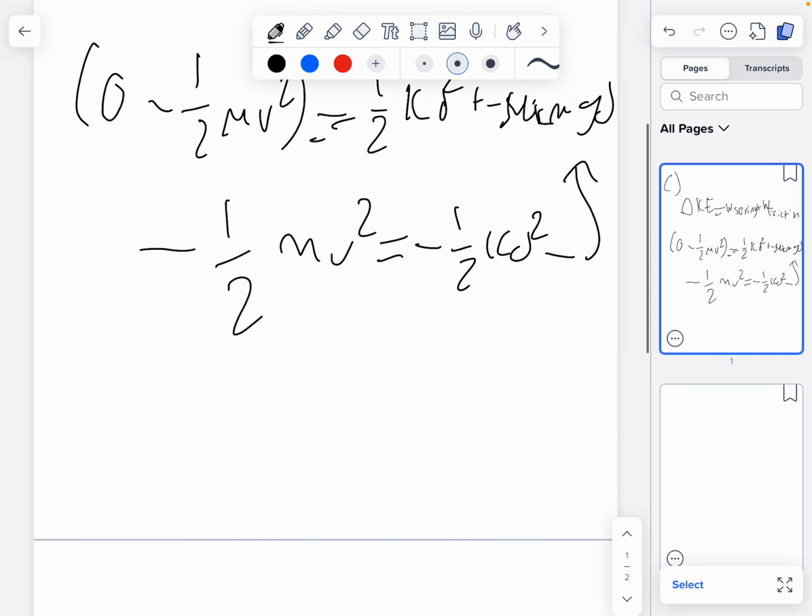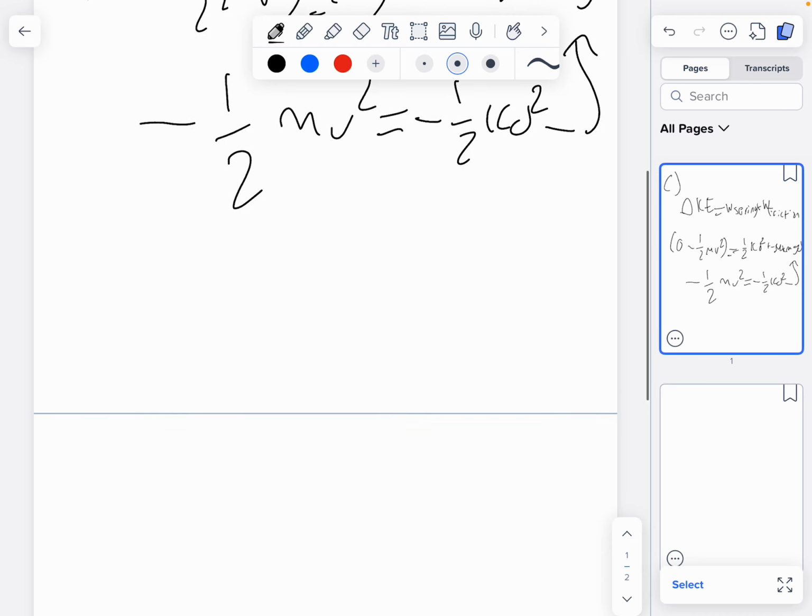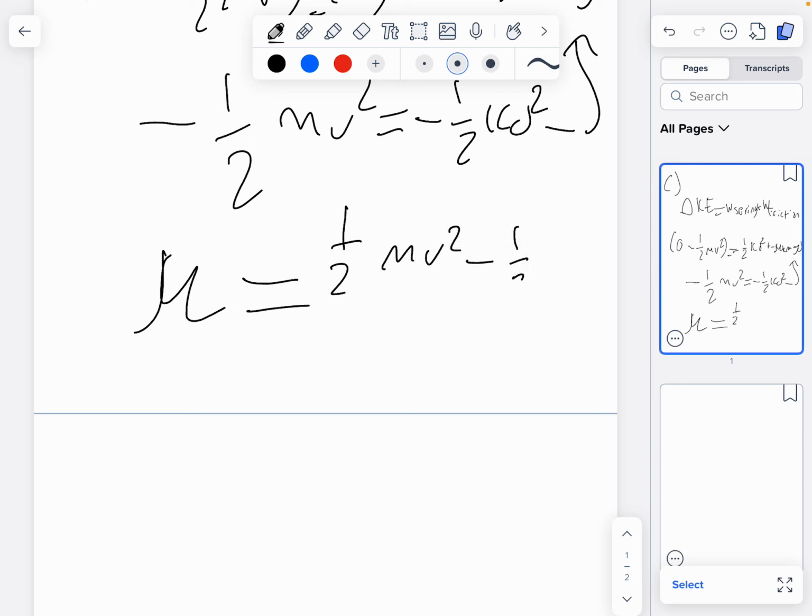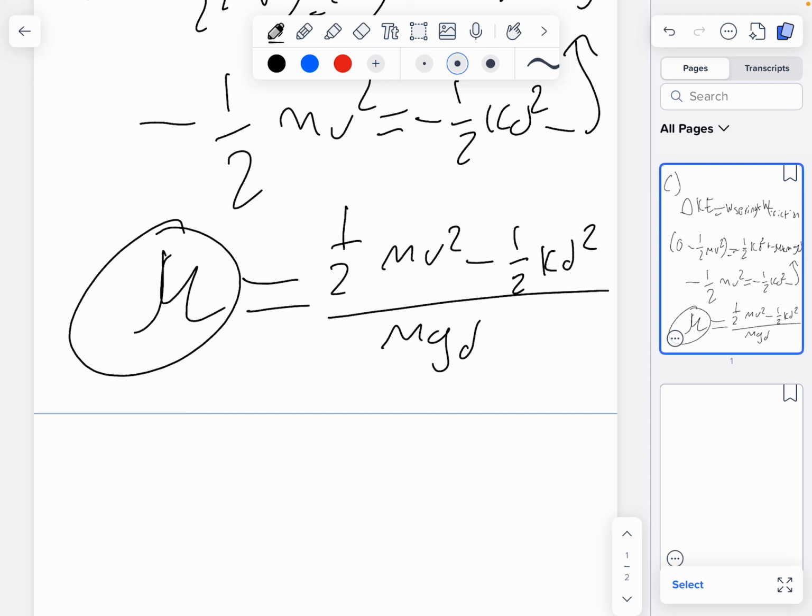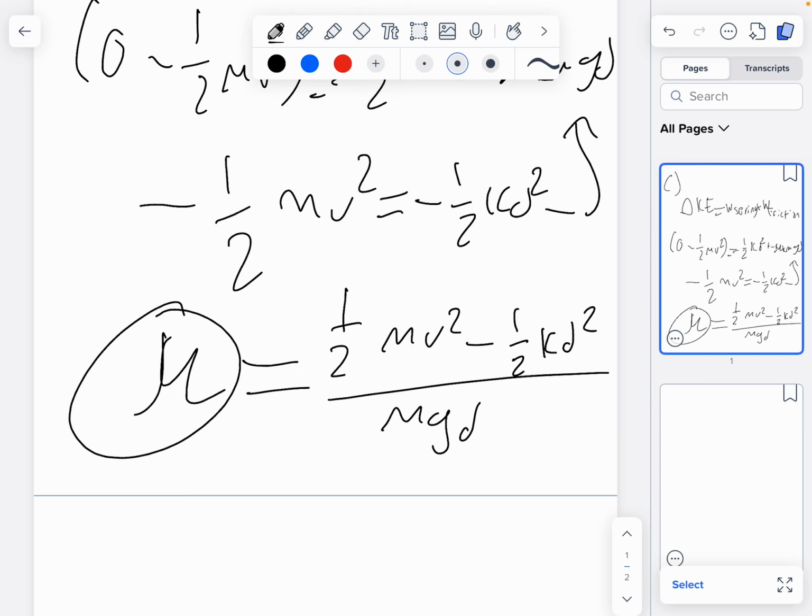Then we're just going to solve for mu, getting this one by itself, and that's what it would look like. That's part C.